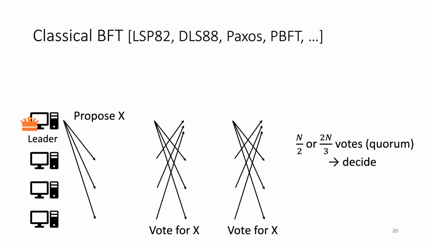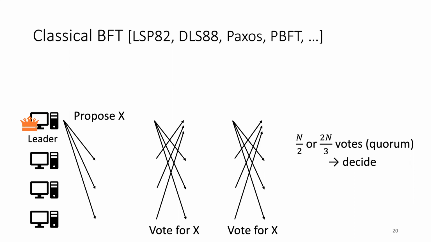In contrast, we have the classic BFT protocol. The most representative one is likely PBFT, but it's rooted in a long line of works starting from Lamport, Nancy Lynch, and others. The idea here in classic BFT is that we will designate a leader.